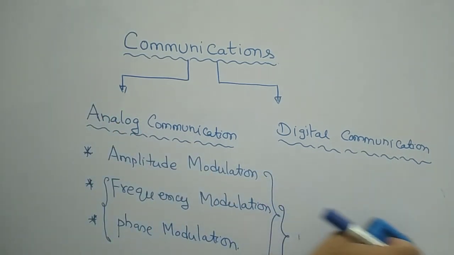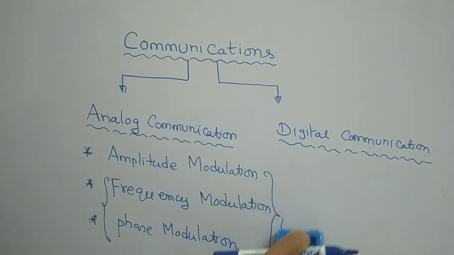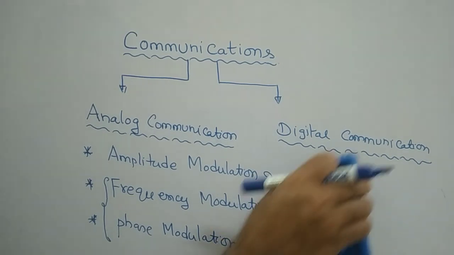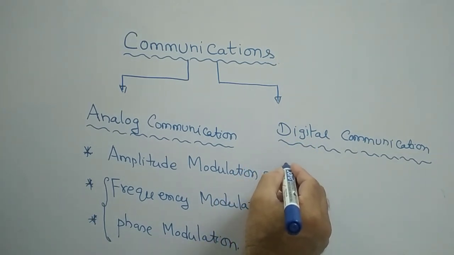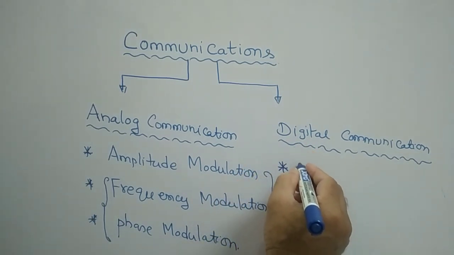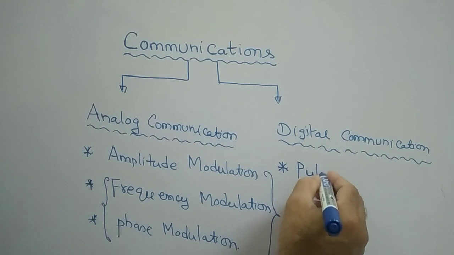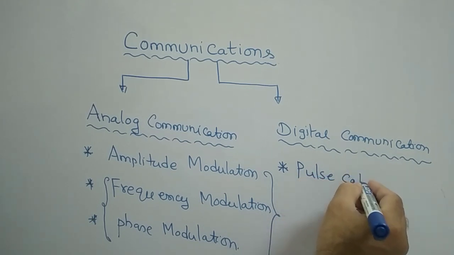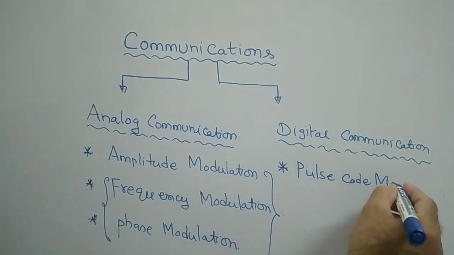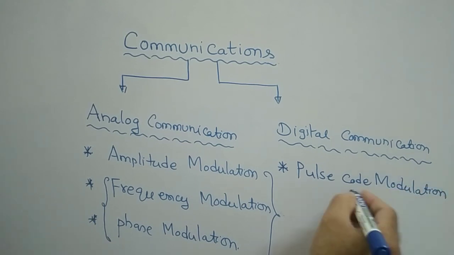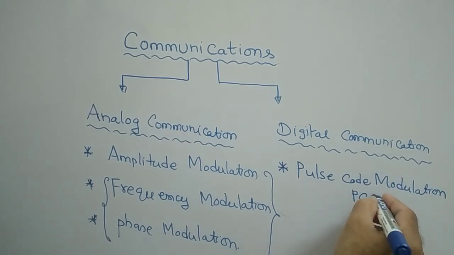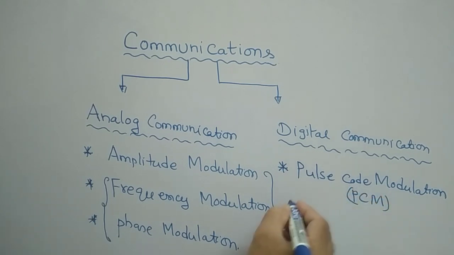And similarly, what are the important modulations that need to be covered under digital communications? Under digital communication, the first is pulse code modulation, in brief called PCM.